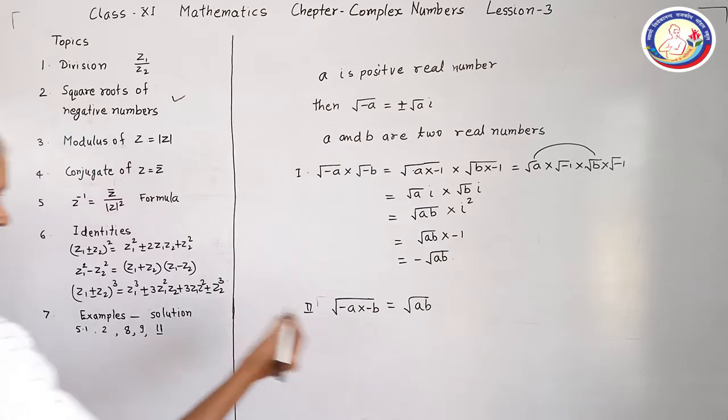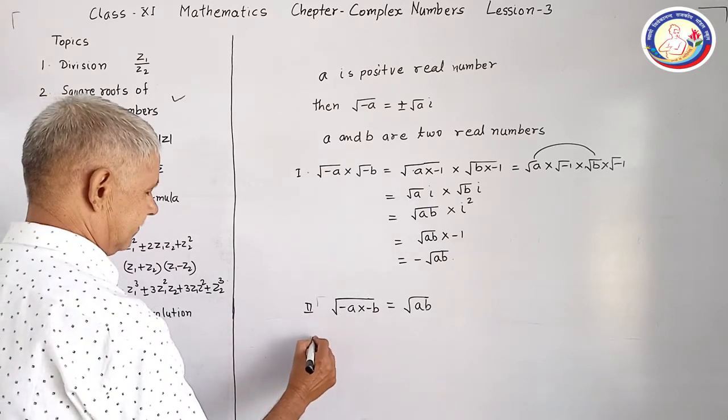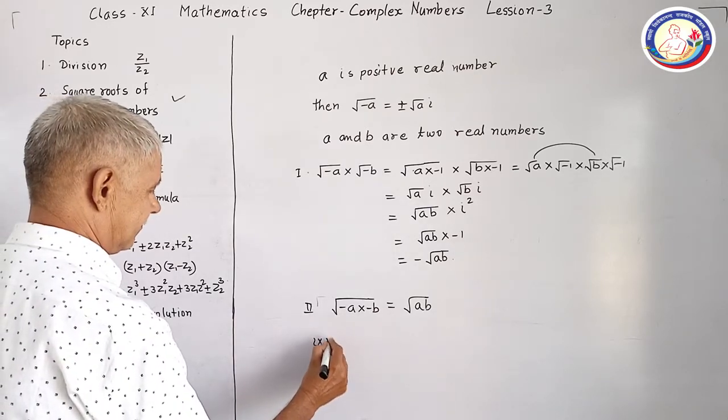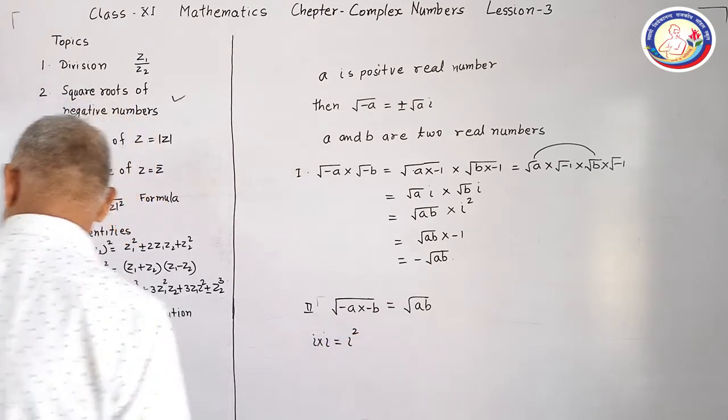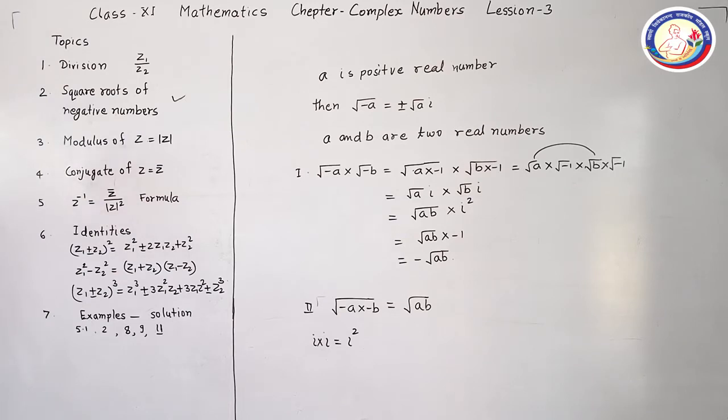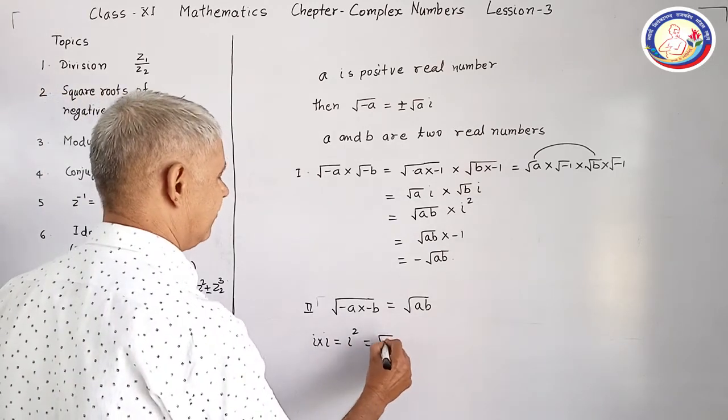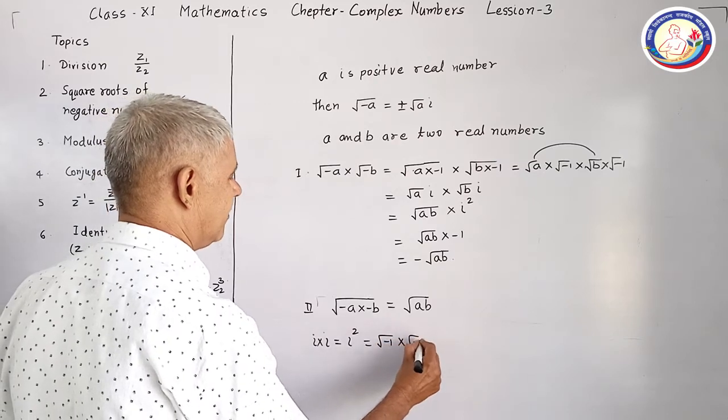Iota into iota equals iota square, and this is nothing but square root of minus 1 into square root of minus 1.